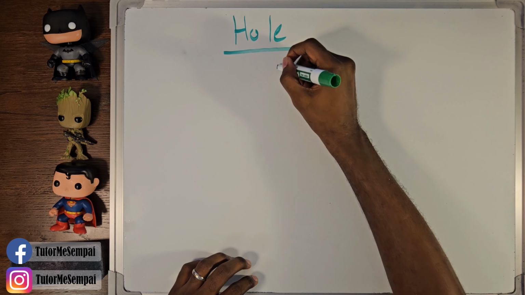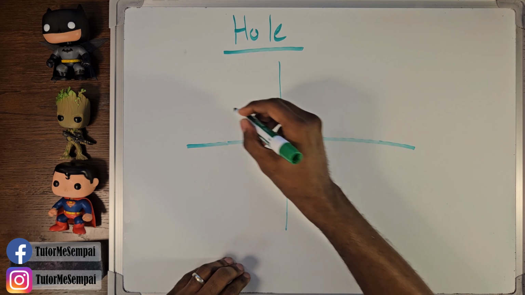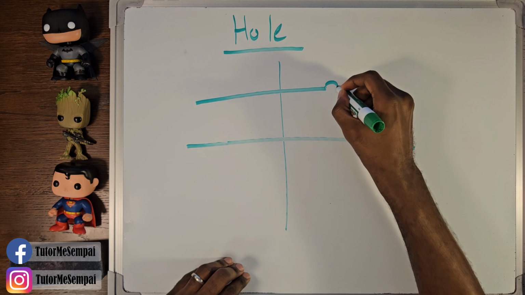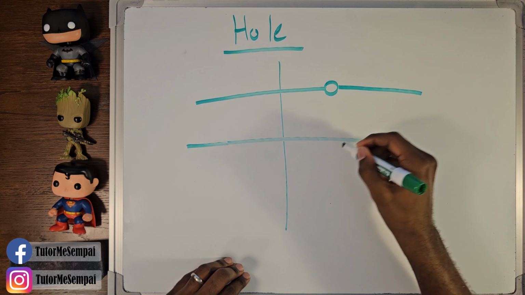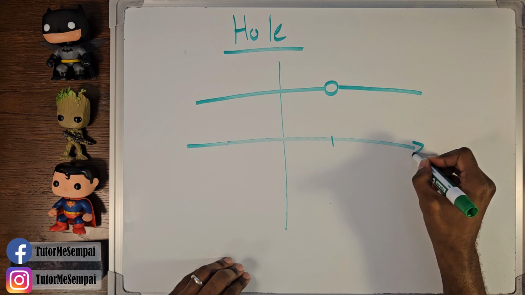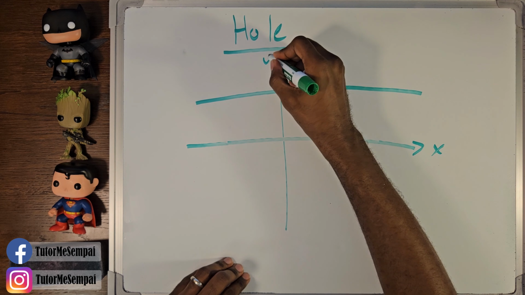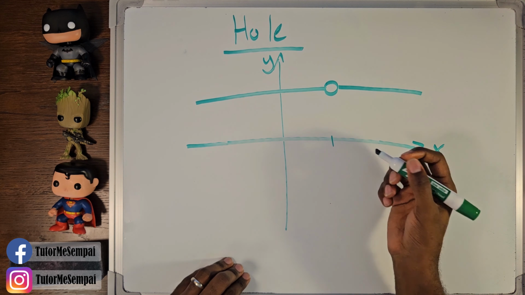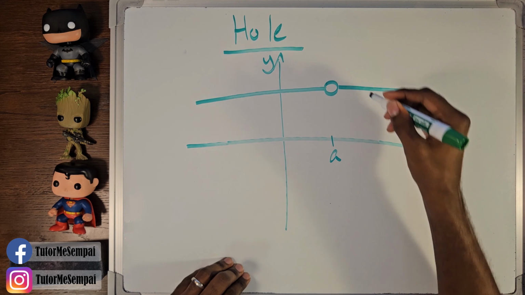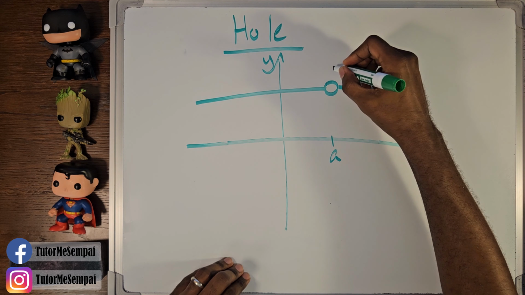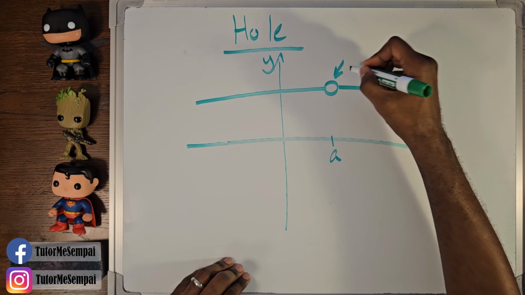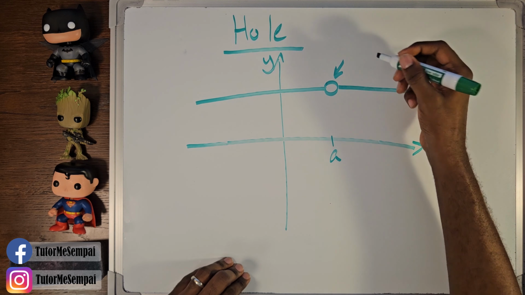If you recall, your holes will look something like this. This is going to be the x-axis, this is your y-axis, this is some a, and this is going to be some value that we don't know, it doesn't exist.